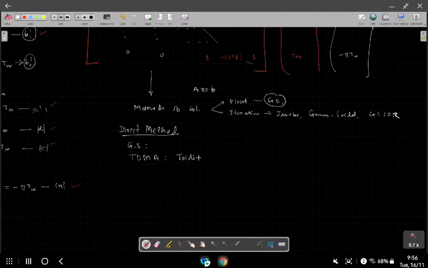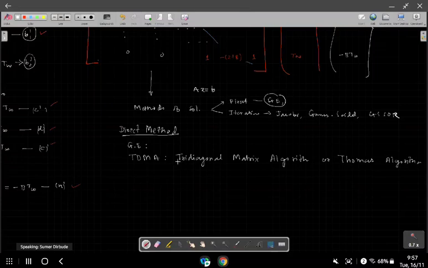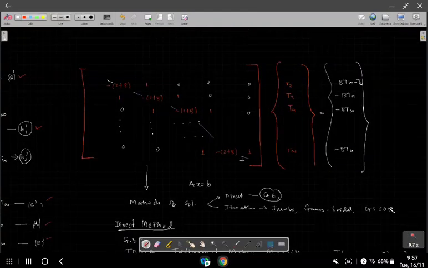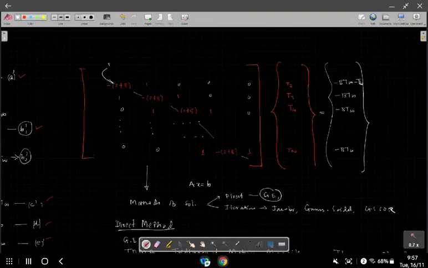The long form is tridiagonal matrix algorithm, or Thomas algorithm. Now here, tridiagonal, this term is coming from the nature of the matrix. So here you see these terms, this diagonal is called the main diagonal.